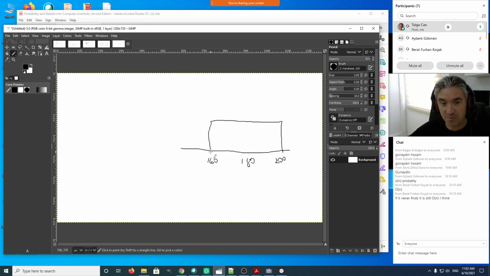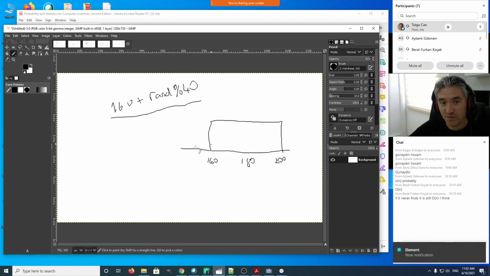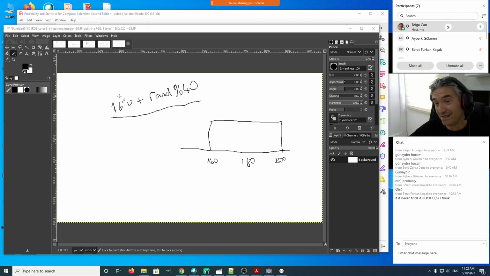I would generate a random number, take its mod 40, and add this to 160. It will give you random numbers between 160 and 200. You would test this program, and sometimes we get 170, sometimes we get 190, so that's randomized.